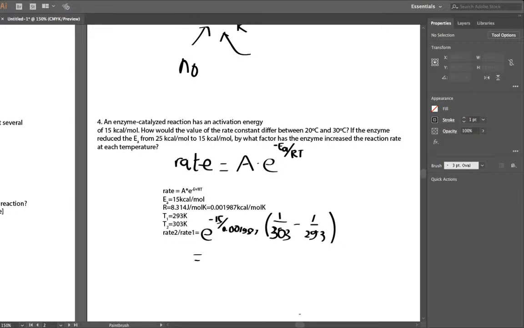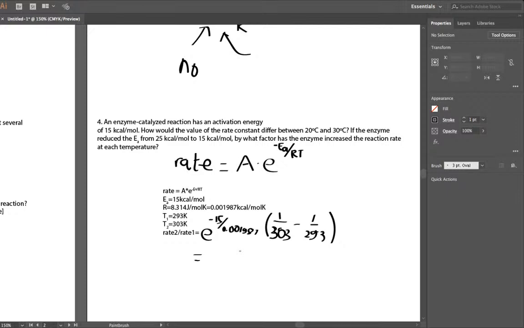So let's go ahead and put this inside our calculator. It's some crazy number here. So e to the power of negative 15 divided by 0.001987. Yep, it's undefined.